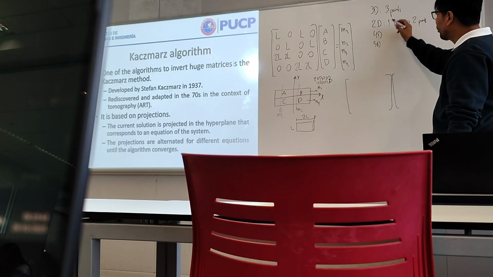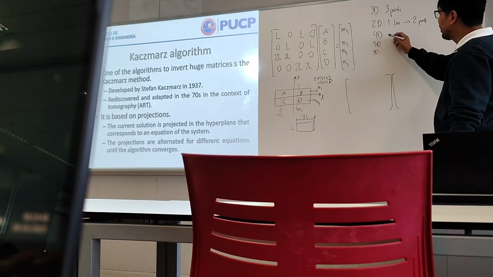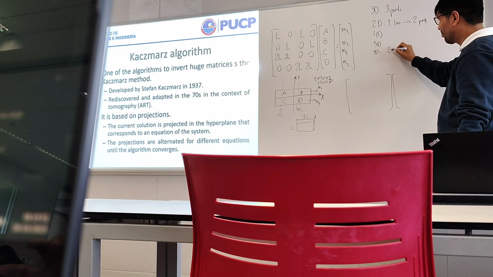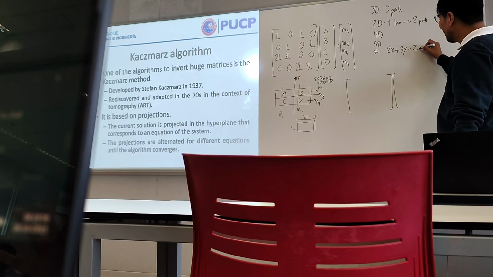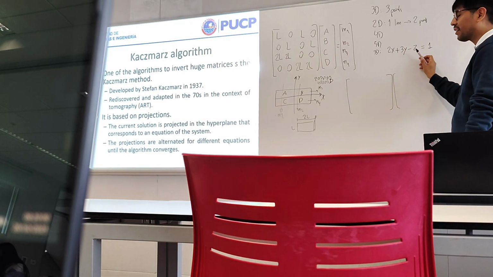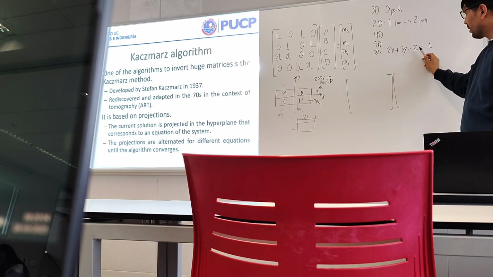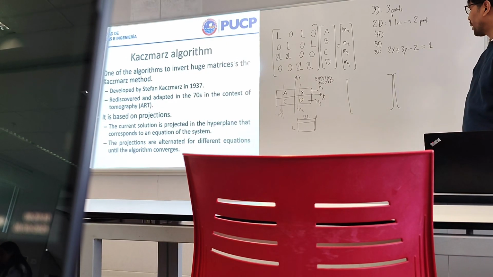For example, what would be the equation of a plane in 3D? For example, 2x plus 3y minus z equals 1. This is the equation of one plane, right? You only know some coefficients of x, y, z, and some constant, some parameter on the right.